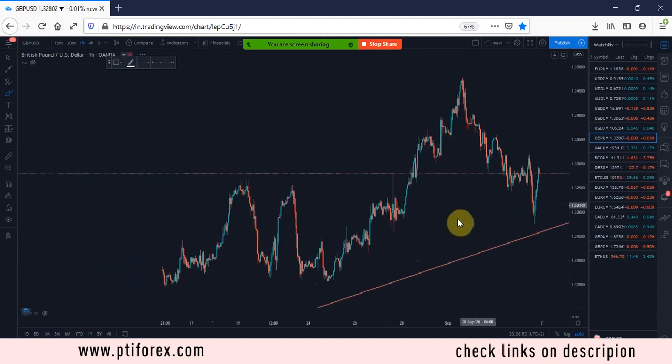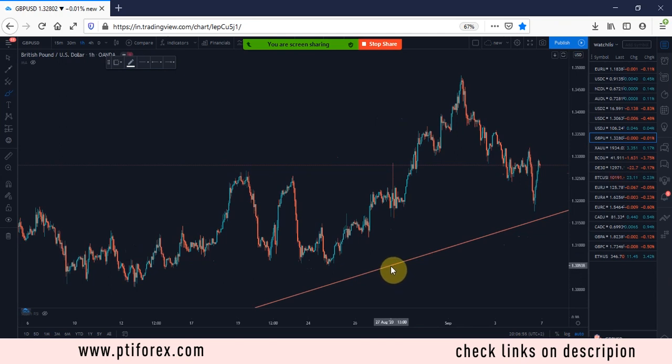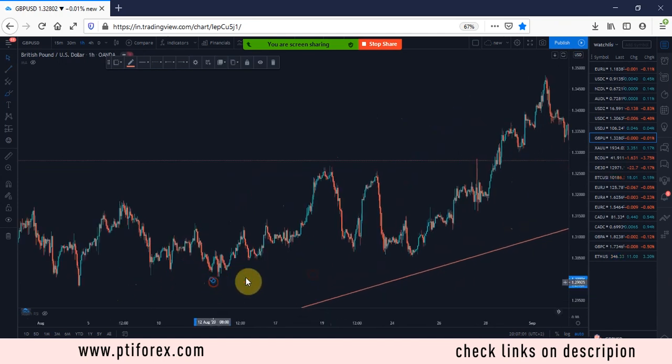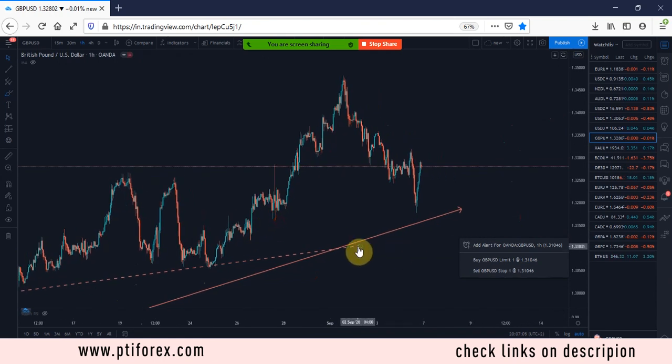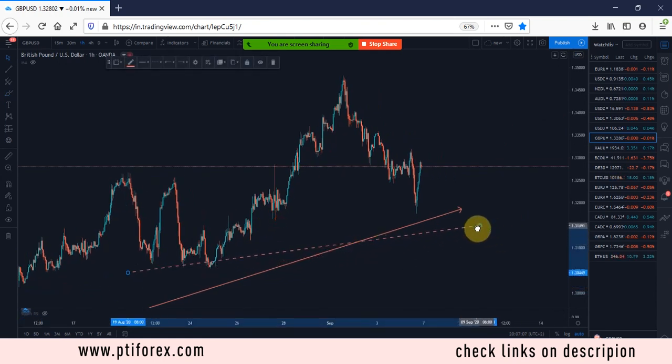So here, for an example, where is my drawing tool? We can draw here and connect maybe this low here. With that one, let us just extend it like this. So remember what I spoke about trend lines, that we are not doing line analysis. Why?